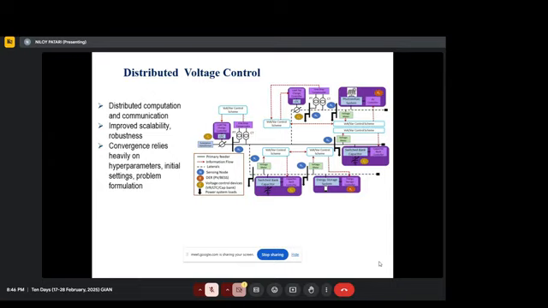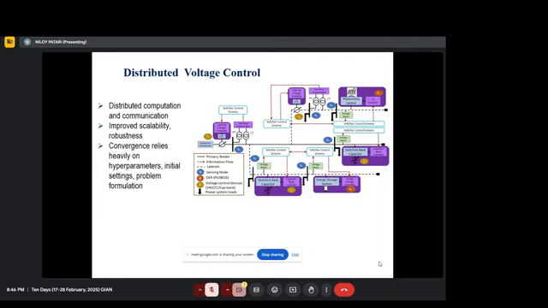That's why scalability is improved. If you increase the number of nodes, the computation time taken by the distributed control architecture won't go exponentially high, as it can in centralized schemes.